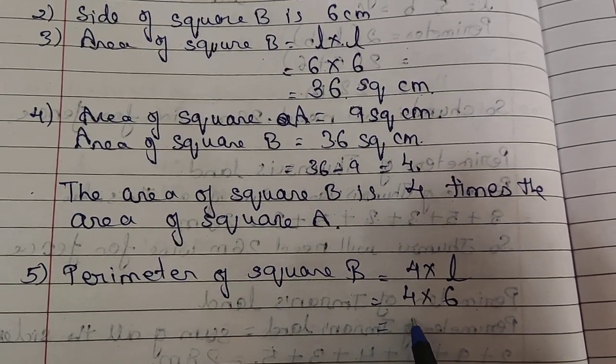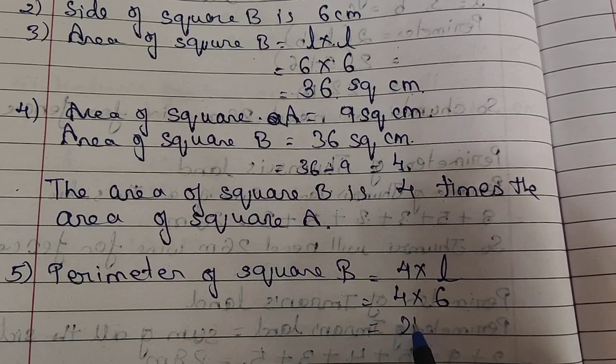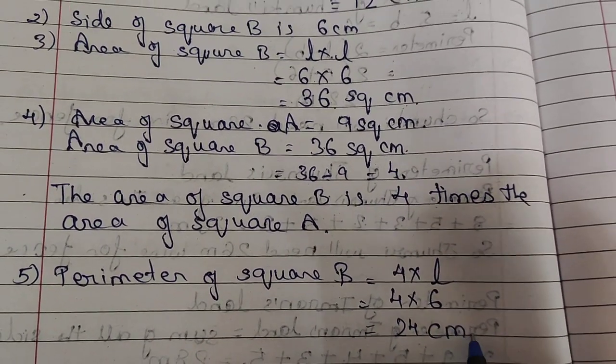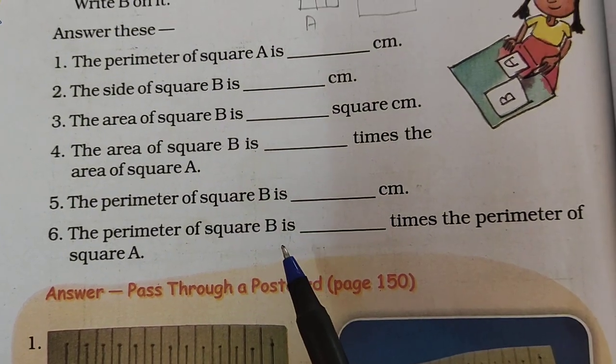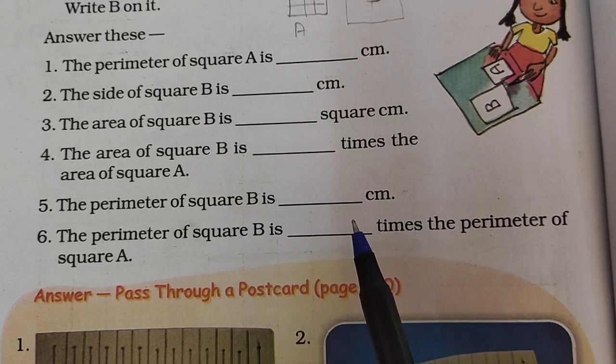So 4 6s are 24 centimeter. The perimeter of square B is 24 centimeter. Now the perimeter of square B is dash times the perimeter of square A.